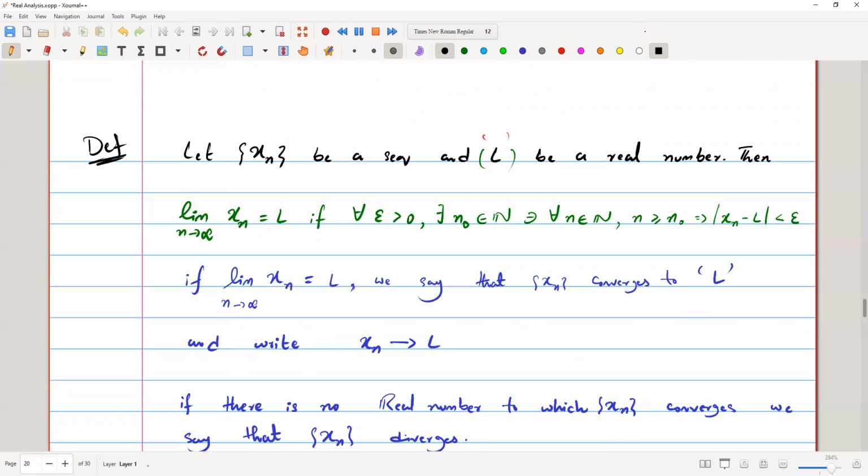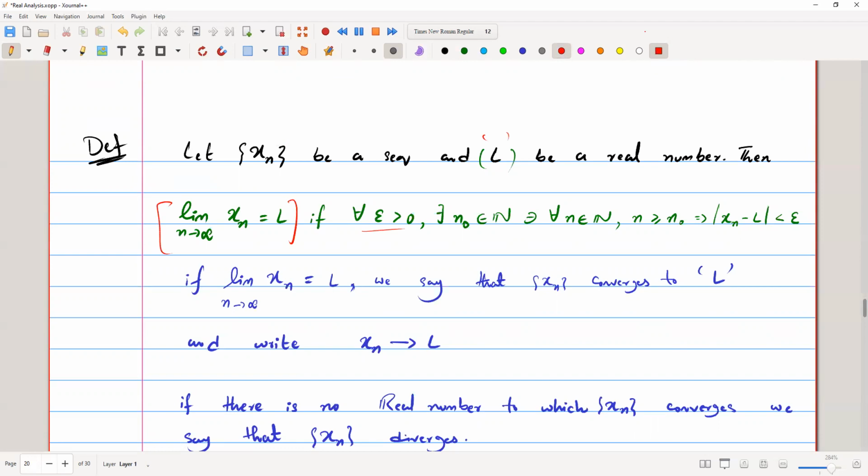So we are saying that the limit as n tends to infinity of xn equals L if for each epsilon greater than 0. So whatever epsilon we want to take greater than 0, very close to 0, we can take any epsilon very close to 0, but it will be greater than 0.